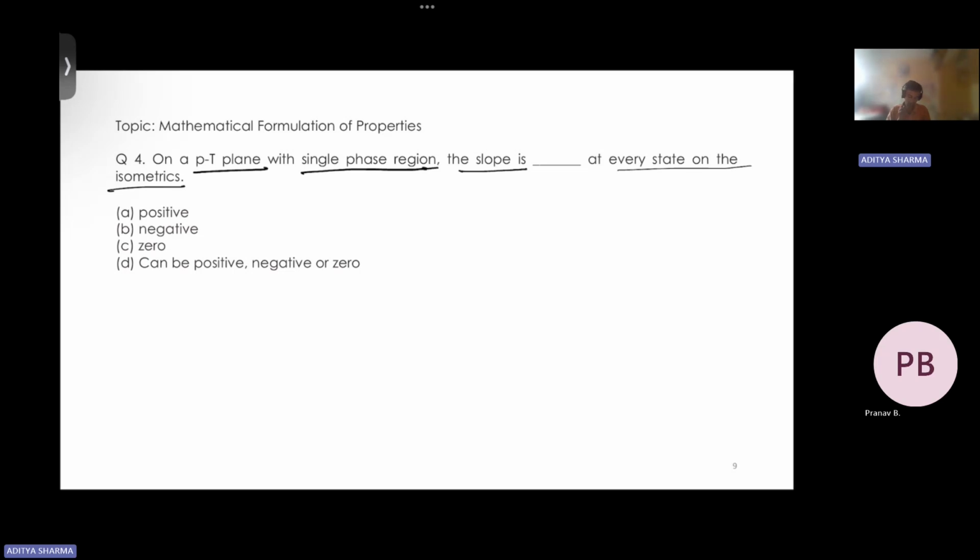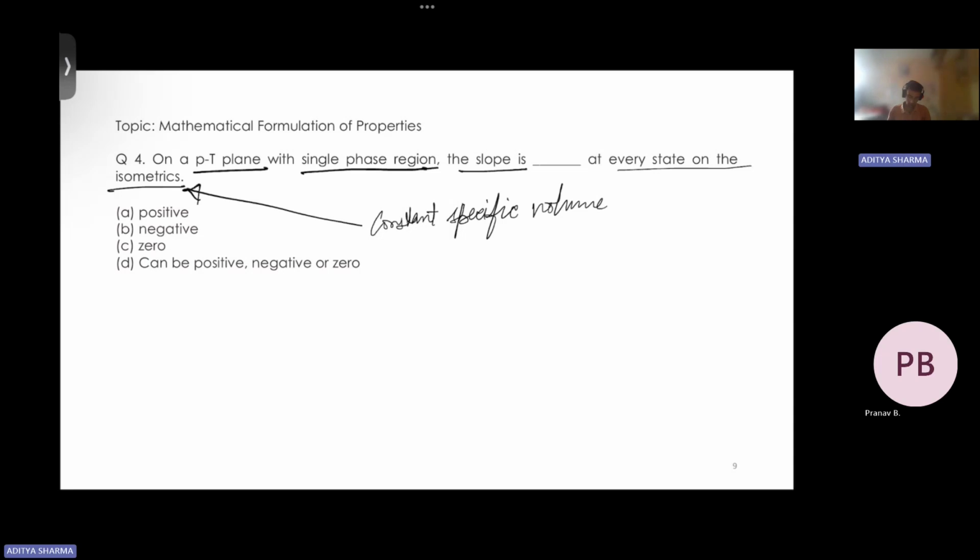So what is isometrics? Isometrics is constant specific volume.